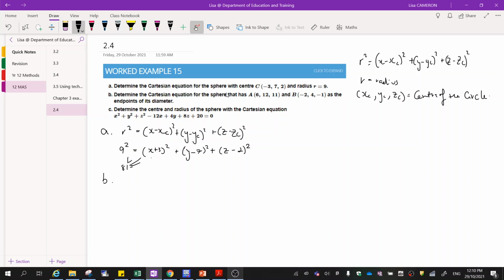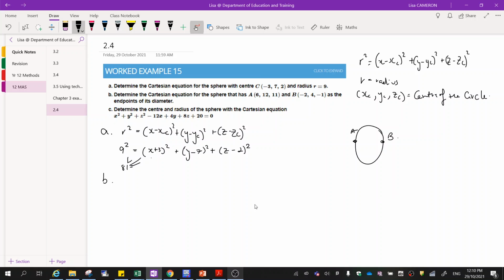Determine the Cartesian equation for the sphere that has one point there, 1 point here, as the end points of its diameter. So if I'm thinking about my sphere, I've got 1 point over here, 1 point over there. Okay, so I can use what I know to find the midpoint of this, which is another way of saying the center of it.